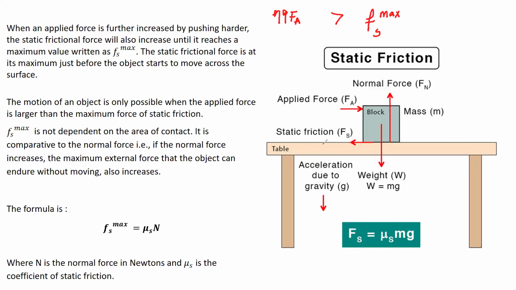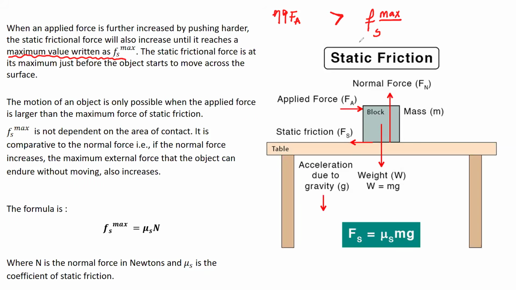Welcome to school. So static friction's stubbornness gets to a certain level. It reaches a maximum value. When the applied force becomes greater than the maximum static friction, then movement is guaranteed.